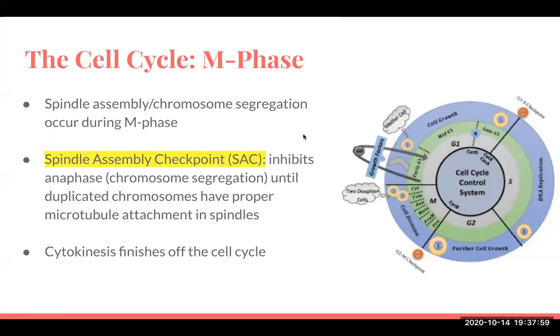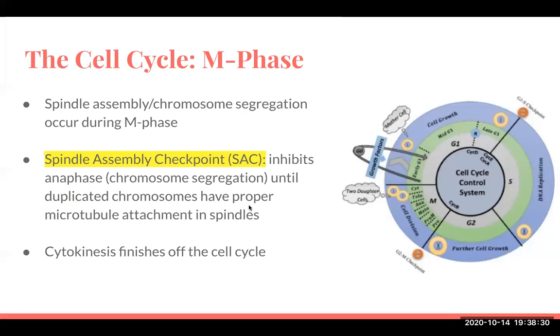Finally, we go to M phase. M phase is where spindle assembly and chromosome segregation happens. The checkpoint for M phase is the spindle assembly checkpoint. What the spindle assembly checkpoint does is inhibit anaphase. Anaphase, which we'll talk about next week, is chromosome segregation. So it'll inhibit chromosome segregation until the chromosomes have proper microtubule attachment.